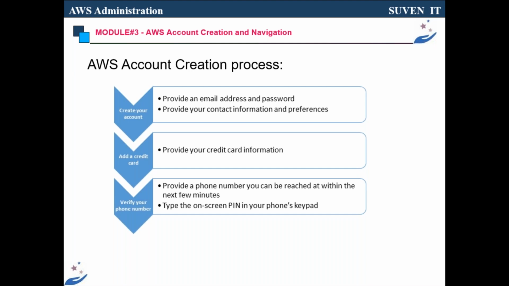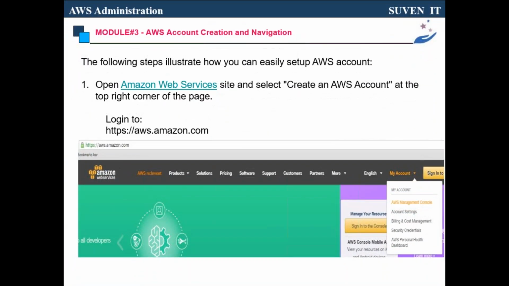The next thing is what you need exactly to create an AWS account. You need a valid credit card, a valid email ID and a valid phone number. Creating the account is just like creating your Amazon account, but the important thing here is you need to create your own new AWS account.